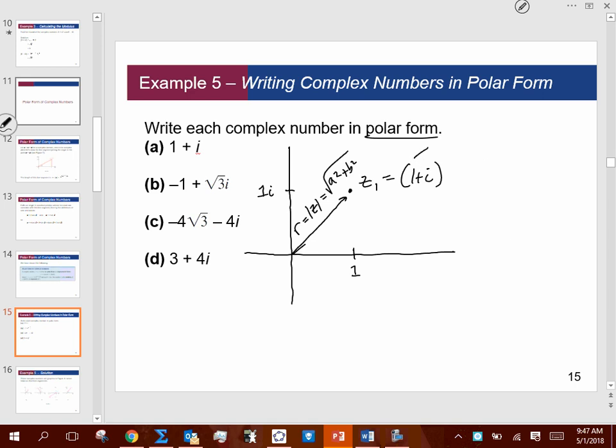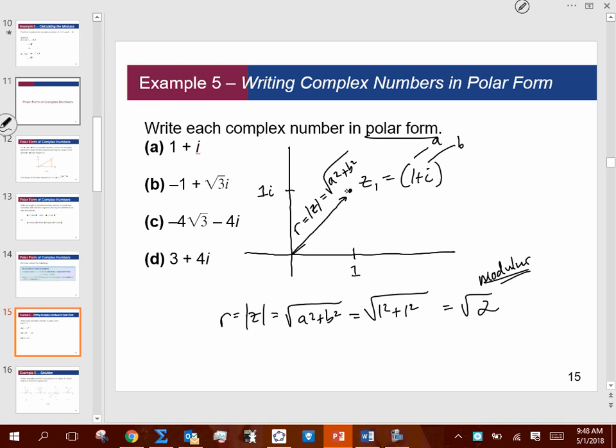Right now the 1 is a, and the 1 on the i is b as well, right? So I'm trying to find r. It's the square root of a squared plus b squared. And for us in this particular problem, it's 1 squared plus 1 squared, which is radical 2. Okay? So there is your modulus.